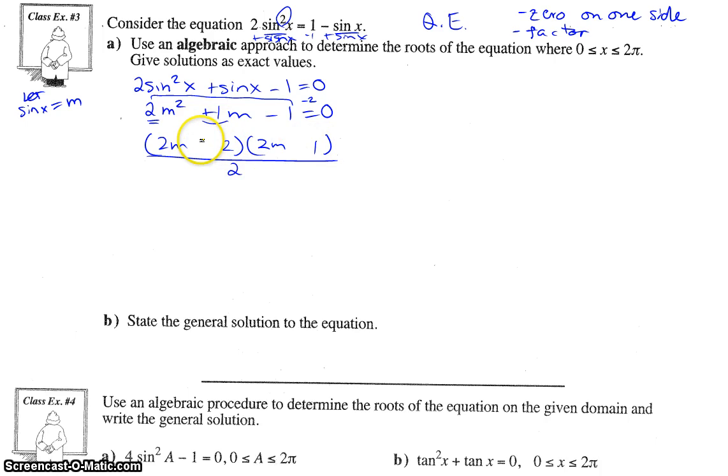We want positive 1, so plus on the 2, minus on the 1. So 2m plus 2 is like writing 2 bracket m plus 1 if we factor that 2 out. The 2 will divide, and we're left with m plus 1 and 2m minus 1, equals 0. We could replace sine x back in right now for m, but you know what?